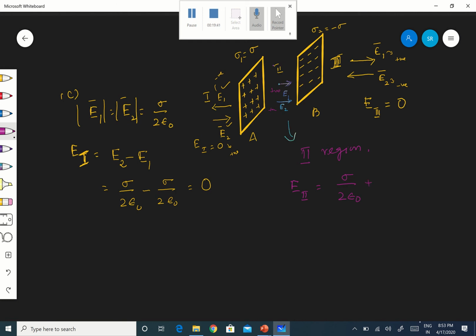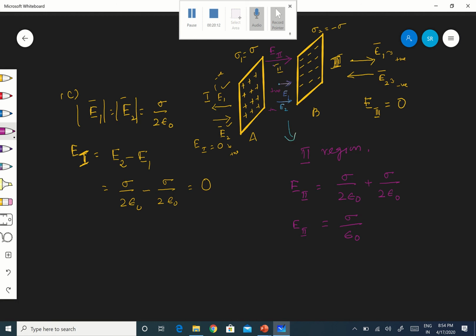Therefore, this is E1 plus E2, each sigma divided by 2 epsilon naught. Are you following? Because you have to add both here, you will get sigma by epsilon naught. Therefore, E2 here will be sigma by epsilon naught. What is the direction of E2 here? The direction will be in this direction.